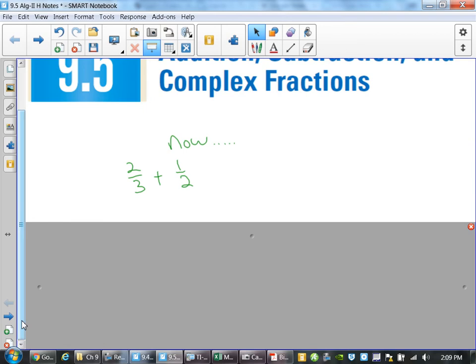So if I wanted to multiply this out, my common denominator would be a 6. Well, what do you have to multiply the 3 by to turn it into a 6? 2. So what you did is you multiplied by a factor of 1, because 2 over 2 is 1, and you got 4. And here you multiplied it by 3 over 3, and you got 3. So your answer would have been 7/6.